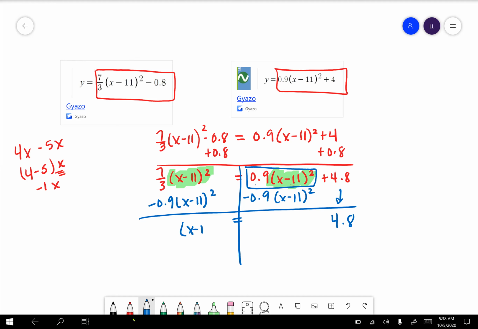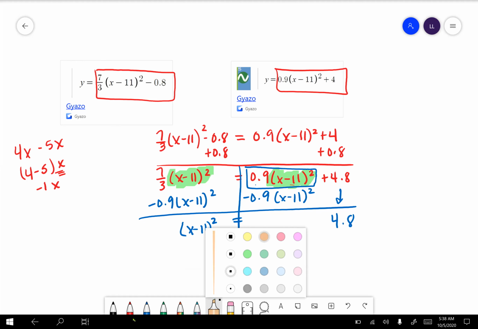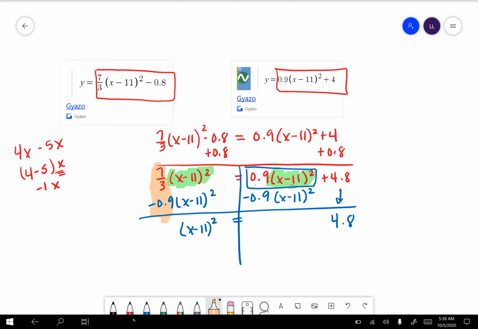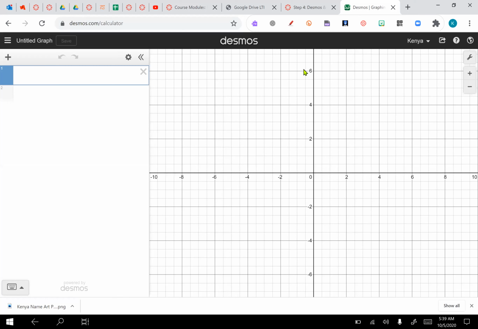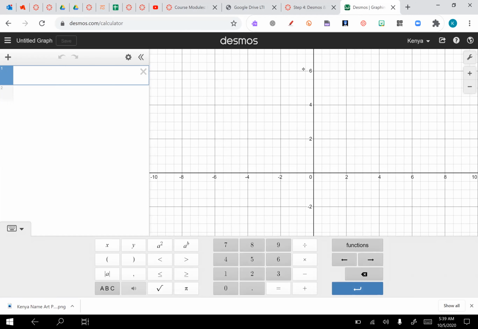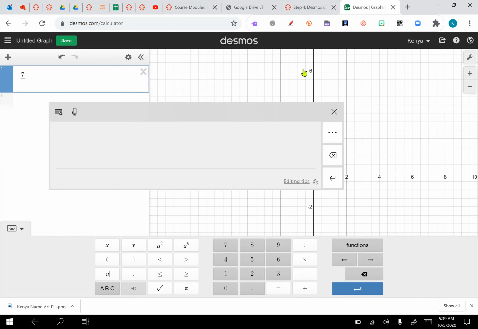So I bring down the (x minus 11) squared. And what I need to do now is combine these two terms here, the 7/3 and then negative 0.9. So I'm going to go back to decimals for that. All right, so we're ready to do it. 7/3 minus, oops, let's not put that in the denominator, minus 0.9.